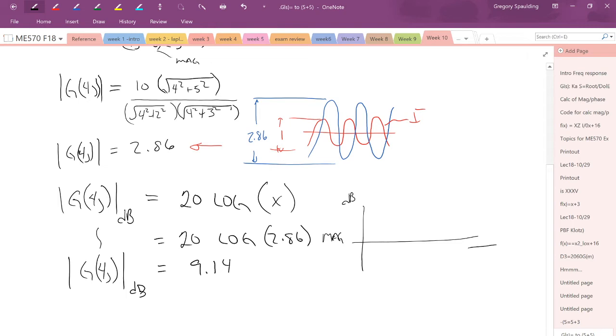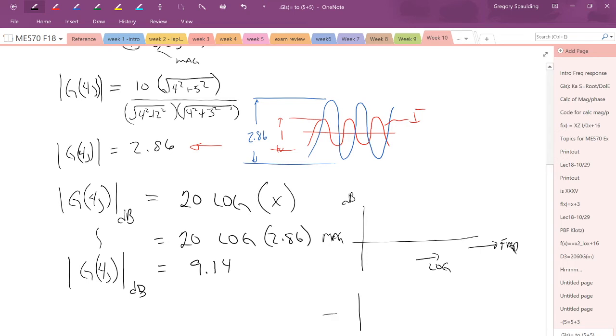Now, another thing I haven't mentioned is that the frequency is a log scale. So we've got a log scale on our horizontal axis, representing our frequency, and our vertical axis is dB.